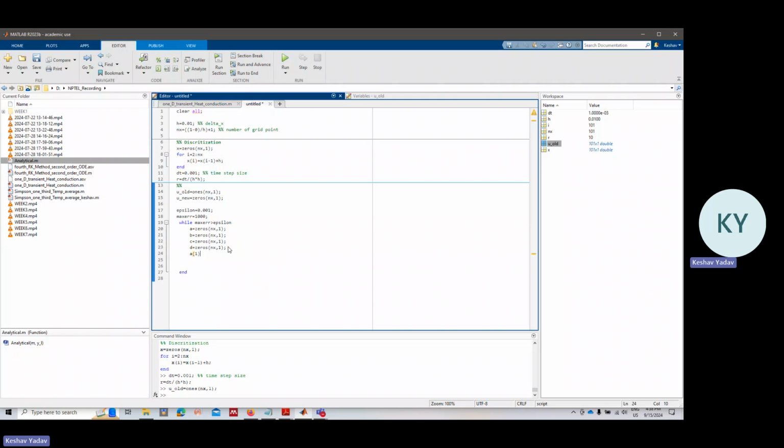Now what is the value of a at 1? A1 is what? At i equal to 1, we know that u1 is equal to 0. U1 equal to 0 means what? Let me share my screen from the iPad. Okay.